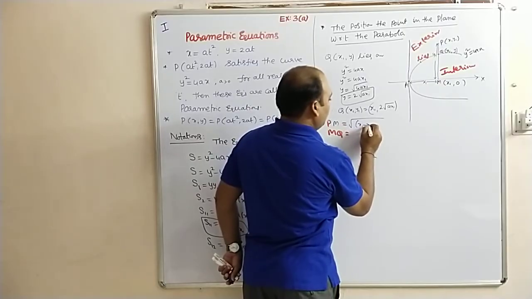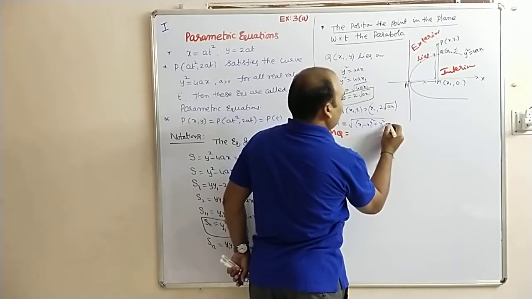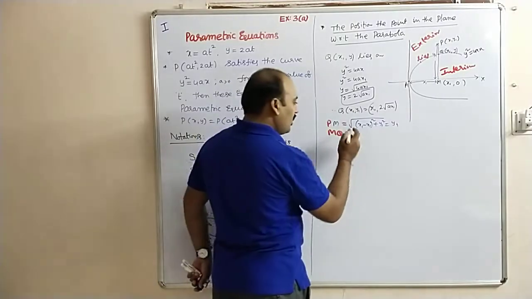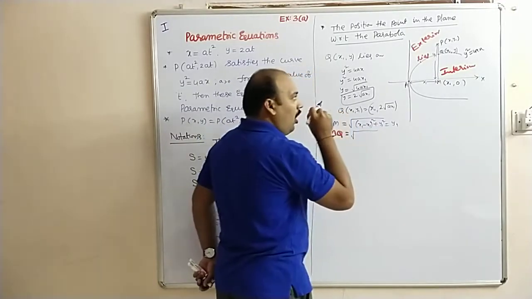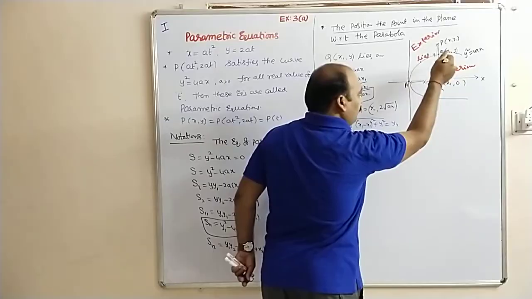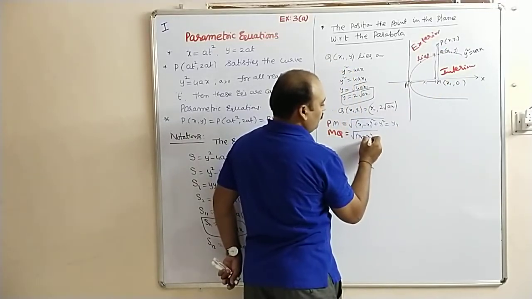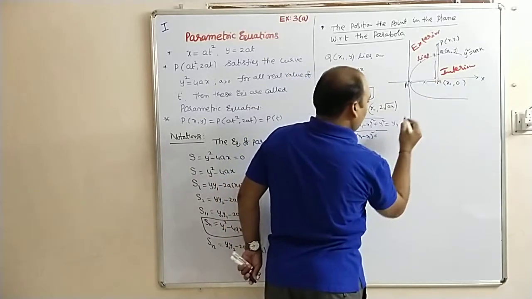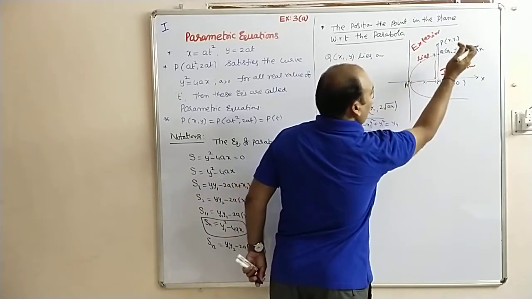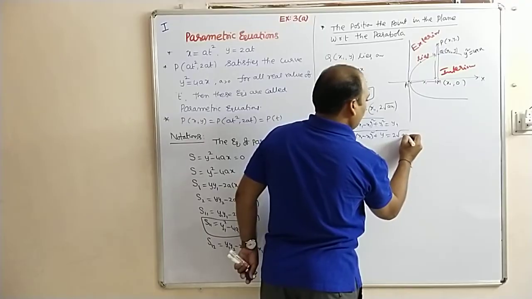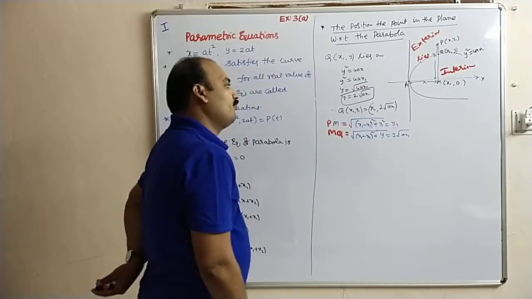Why? Because the square root of x1 minus x1 whole square plus y1 square is equal to y1. And here MQ: x1 minus x1 whole square plus y square, that is y. The value of y here is 2 root a x1.